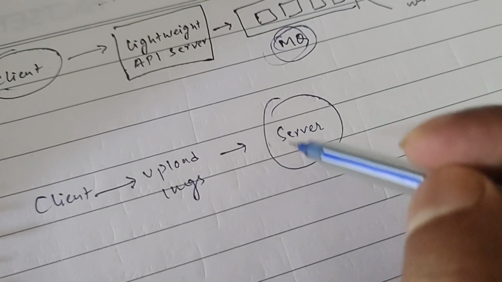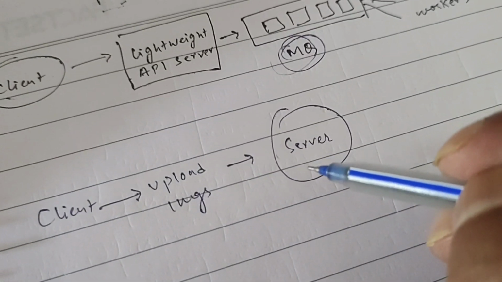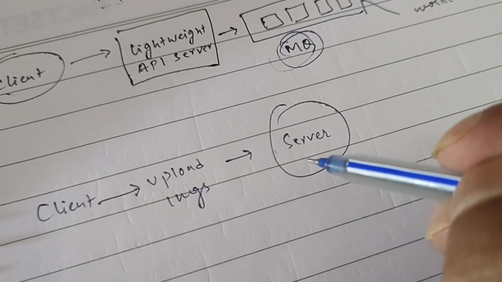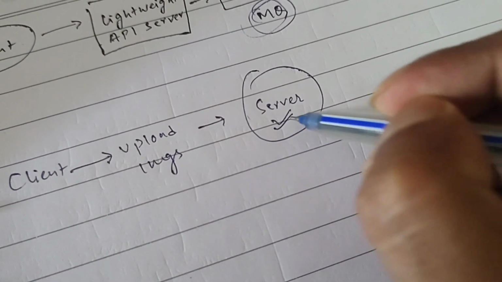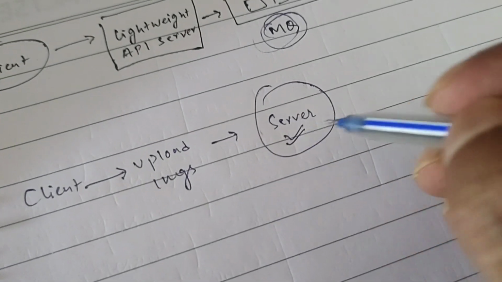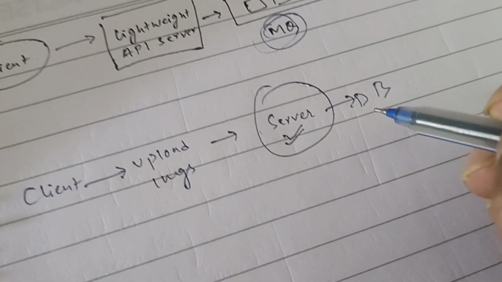Here many processing steps happen, like the server checking for resize, filter, and content moderation. All of these happen inside this server synchronously, and ultimately the data goes to the database.